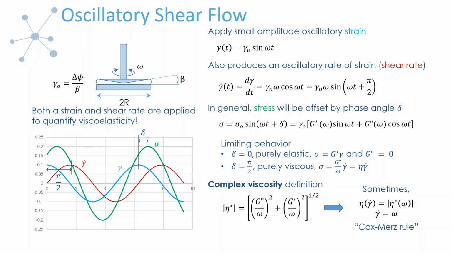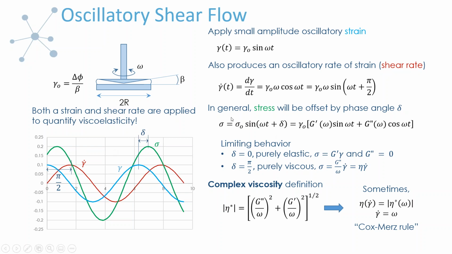I use that language, out of phase, because that's what happens when we start looking at the stress response. If you remember, all rheological properties are about what kind of stress response I get from a particular type of deformation. So in general, we're going to have a stress response which will be offset by some phase angle delta. This is sort of unknown; this is what you're going to determine.